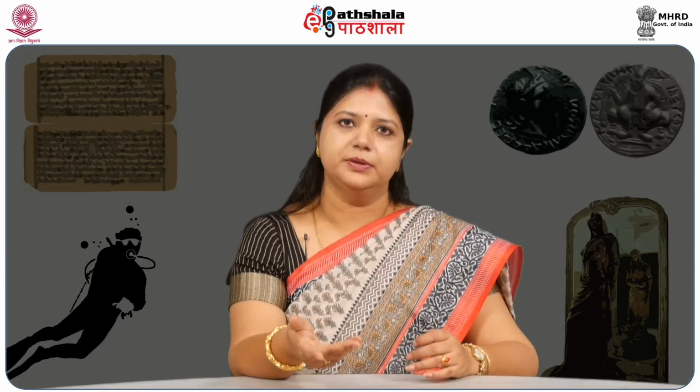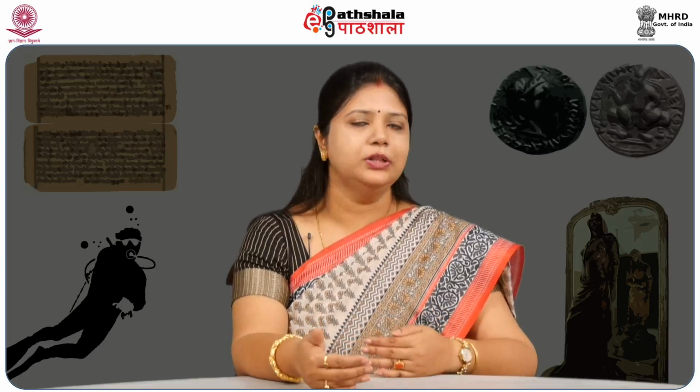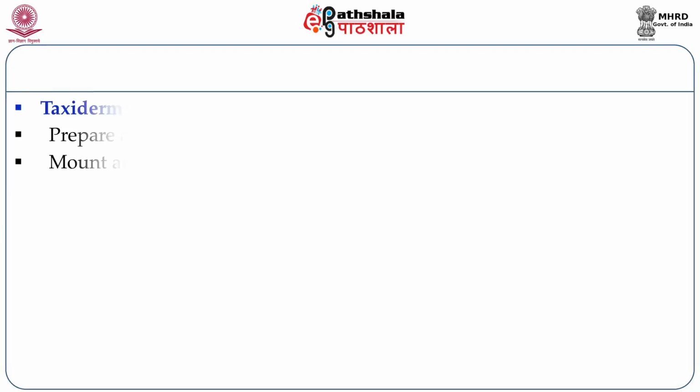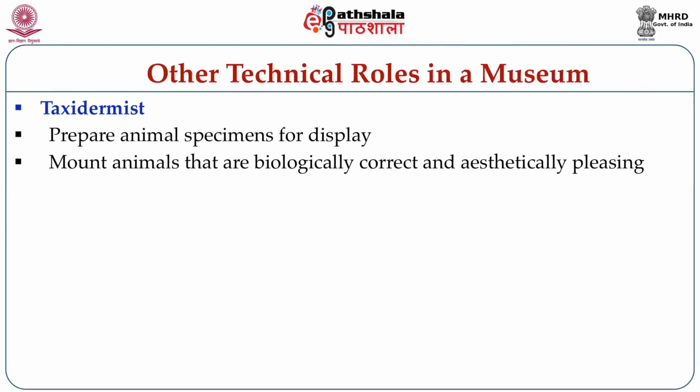And in addition to all this staff structure, museums have many other very specialized technical staff that they require from time to time, like a taxidermist. In a natural history museum, they need to fabricate objects, they need to taxidermy the dead specimens. So museums sometimes appoint taxidermists.